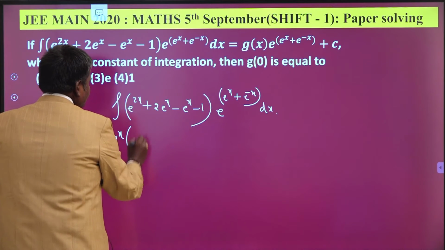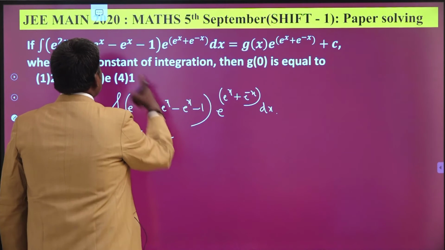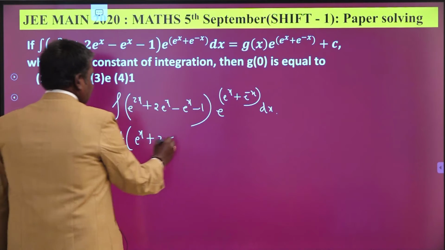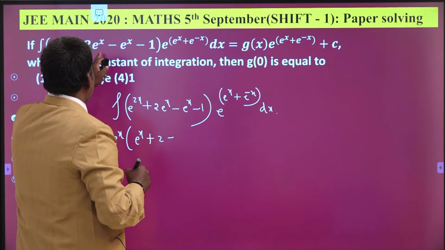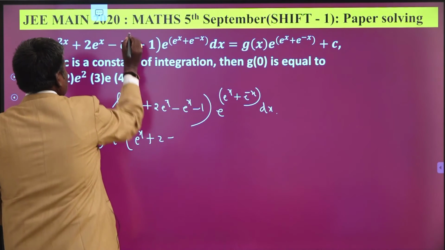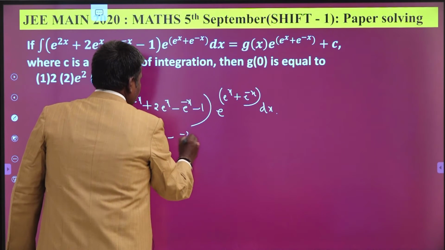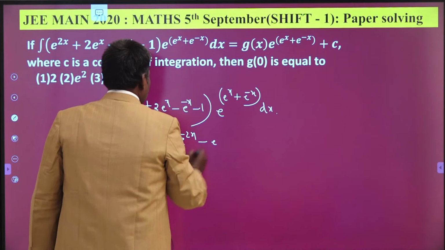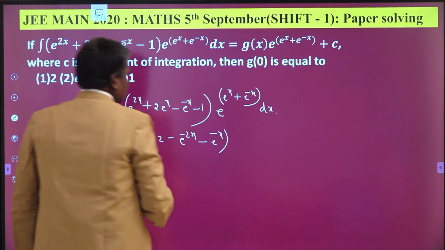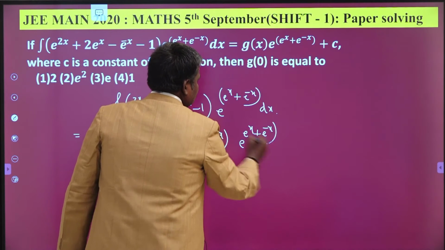Integral e power x into e power x plus 2 minus, this is e power minus 2x minus e power minus x into e power x plus e power minus x dx.